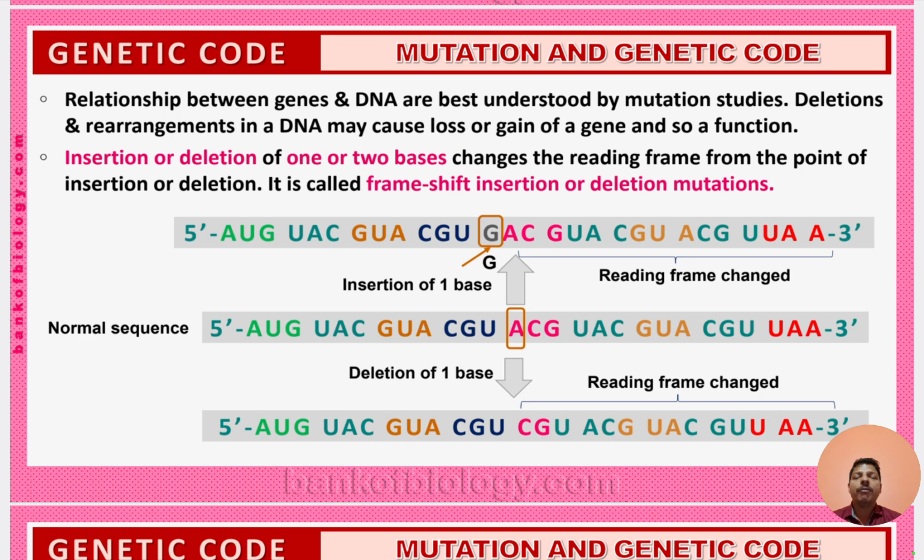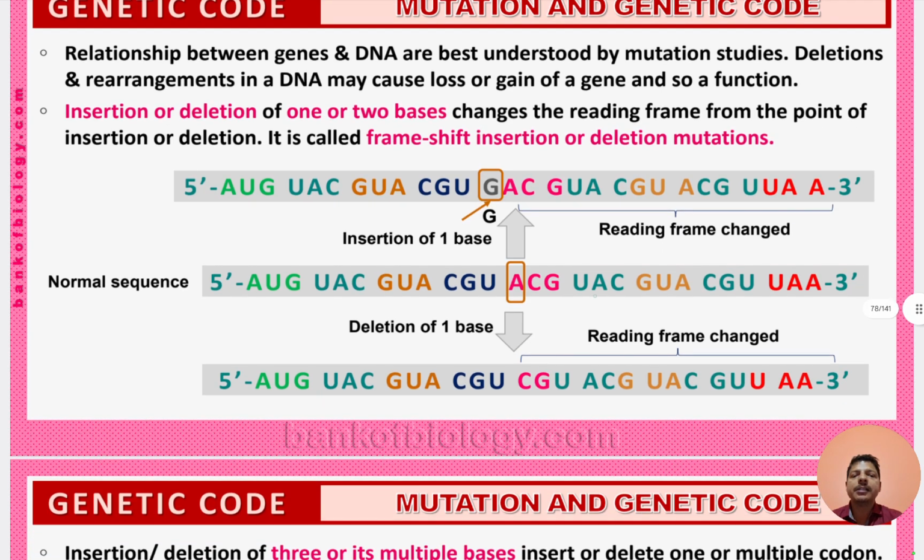It is called a frame shift insertion or deletion mutation. Here you can see a normal sequence. Insertion of one base, G is added, and the reading frame is changed. Then deletion of one base, and the reading frame is changed, as you can see.